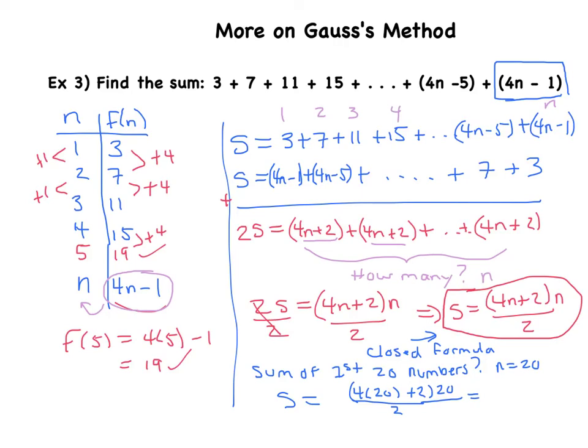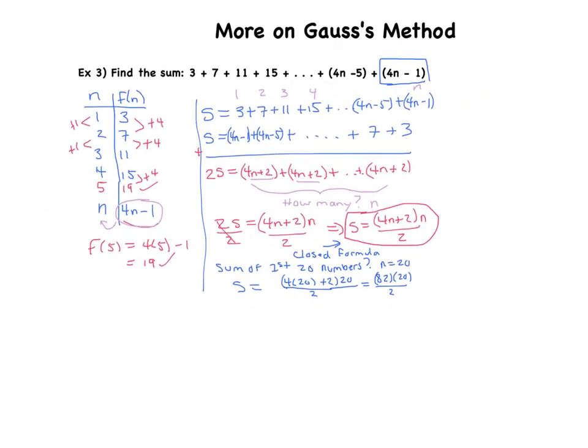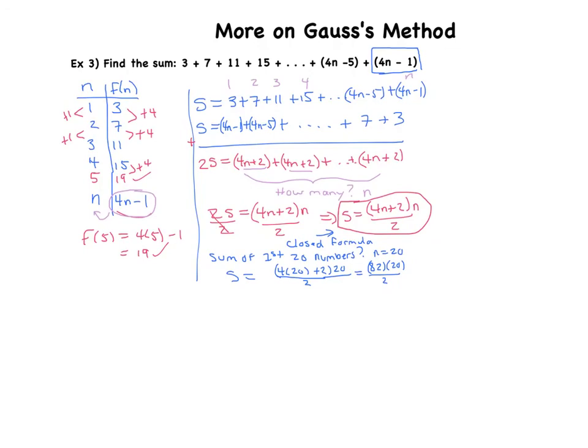And so this becomes 80 plus 2, which is 82, times 20 divided by 2. I'm going to squeeze this up a little bit, shrink it up. And this is equal to 82 times 20 divided by 2 is 10. It's 820.